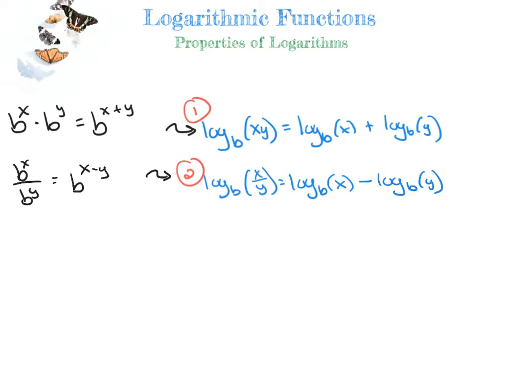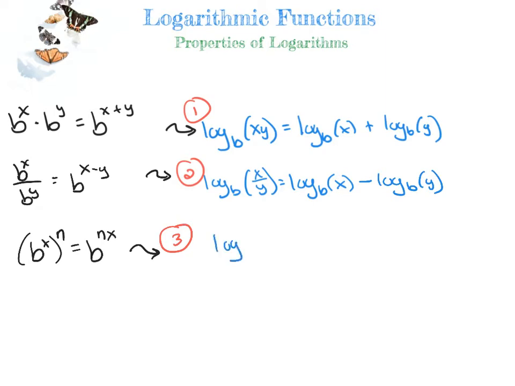And the third rule is related to this exponent rule you probably remember. If you have something that's raised to an exponent and you raise it to another exponent, then you multiply that exponent by the other exponent. So b to the x, then to the n power, is b to the n times x. Well, the corresponding rule in logarithms is this, and this is the last big one that we're going to use.